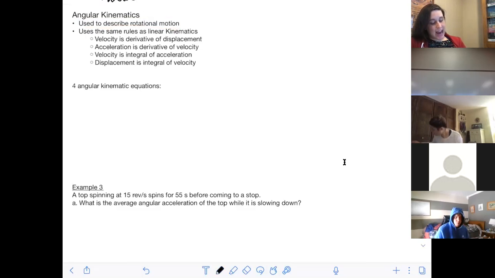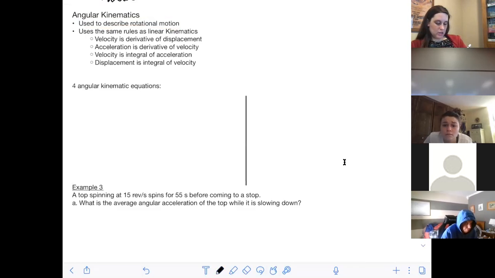And in fact, the angular kinematic equations are basically direct translations of the linear kinematic equations. So what does that mean? In first semester we established the linear kinematic equations, things like constant velocity, delta x equals v delta t. We had things like v equals a delta t plus v naught.